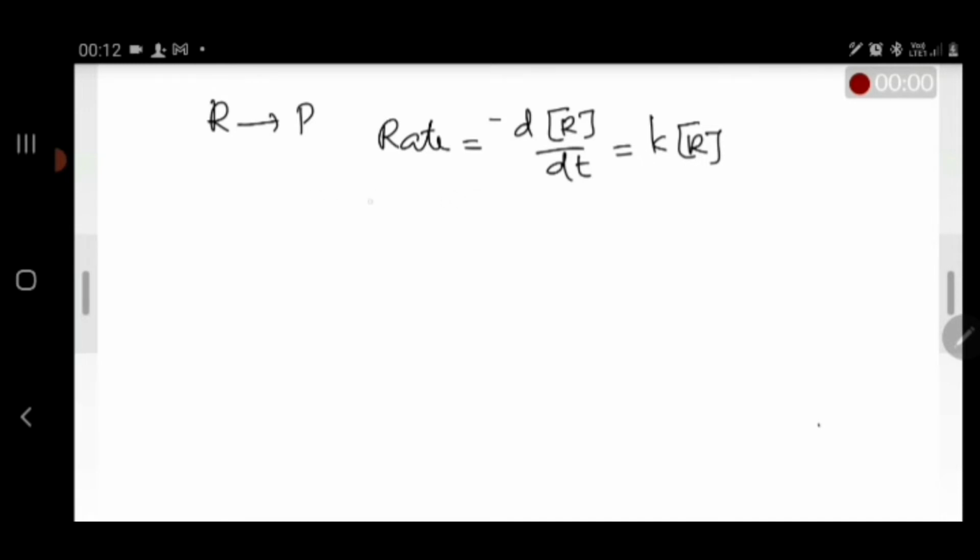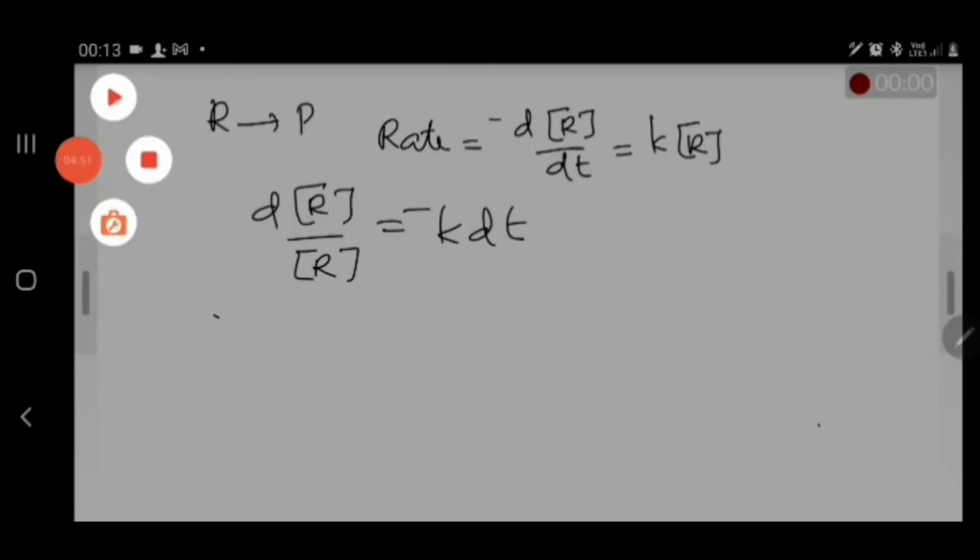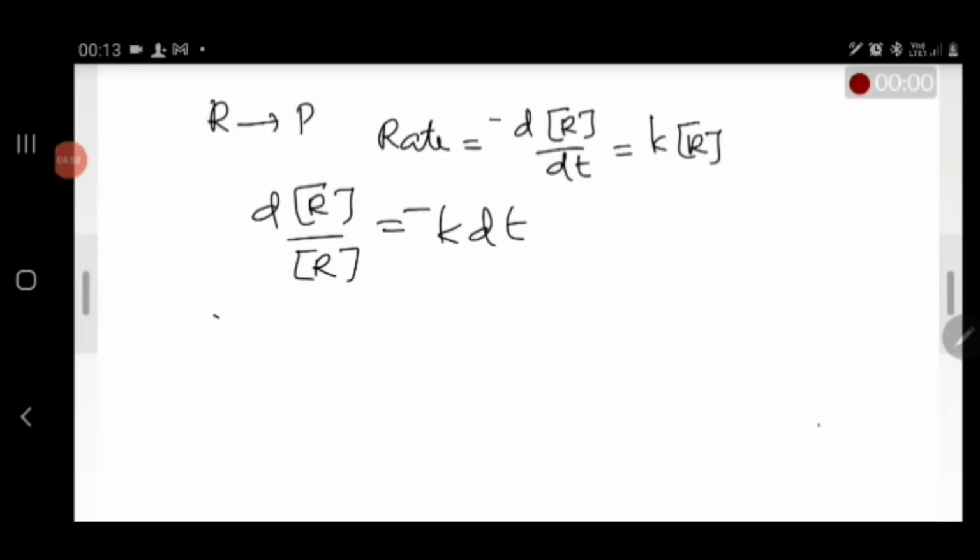We have to integrate the equation, so for easy integration we rewrite it like this: minus dR/R is equal to k dt. That is, the change in molar concentration of the reactant divided by the molar concentration of the reactant is equal to minus k dt.